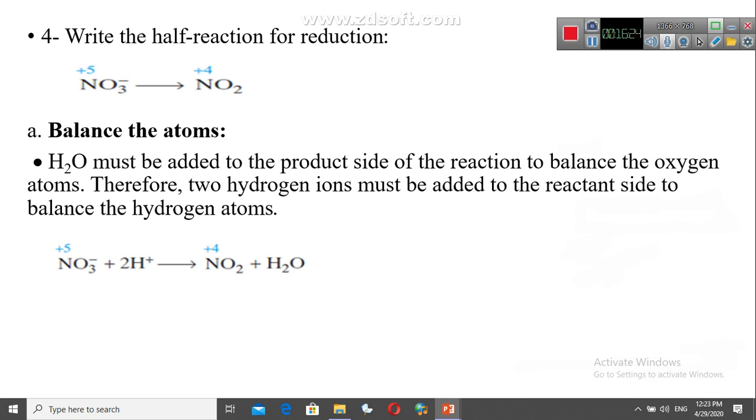In each step the half reaction must be balanced. Nitrogen 1, oxygen 3 and oxygen on the product 3, hydrogen 2 and on the product side hydrogen 2. In the next step, we balance the charge.